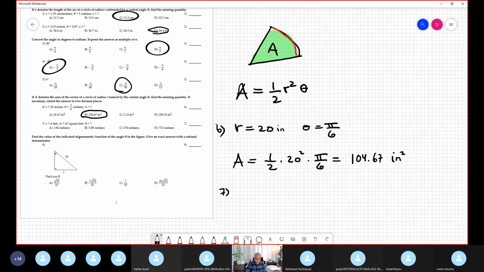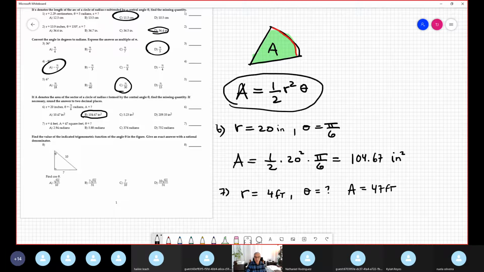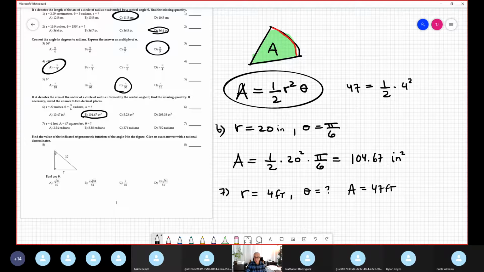Okay, then number 7: the radius is 4 feet and the angle is not given. The angle is the thing I need to find. The area of the sector is given, 47 square feet. We are using the same formula, but the unknown is theta. So 47 is equal to 1/2 times 4 squared times theta.